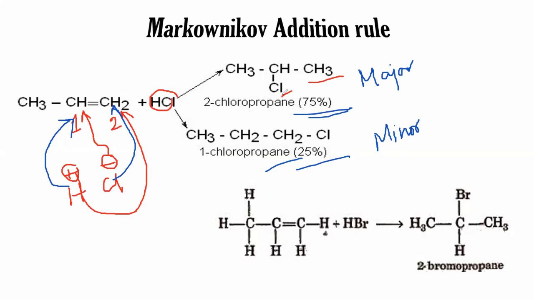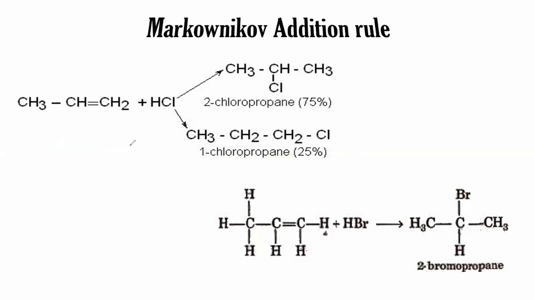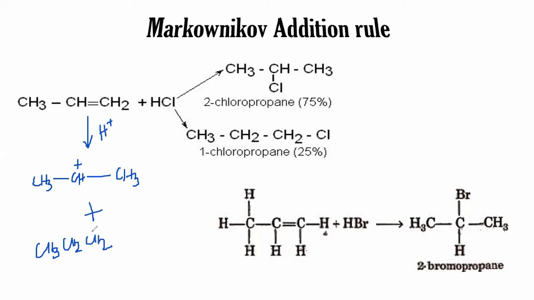Let us clear this out and try to understand. Whenever H plus is added, suppose we are writing this reaction like this, H plus from HCl. HCl is an acid, so it will dissociate, so H plus will come up. Now if we write these two structures, the first one is this one where the carbocation is here with CH3, plus the other structure CH3, CH2, CH2 plus.